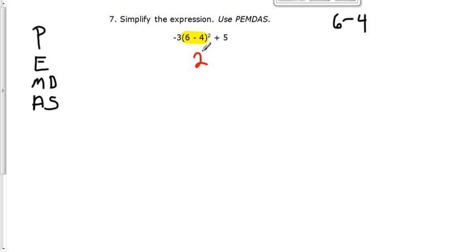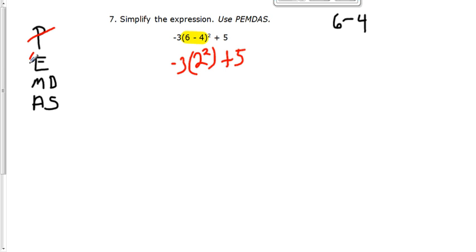The exponent's on the outside. So I'm going to find the exponent of this first. And then I have my negative 3. And then my plus 5. Bring everything else down the way it is. Now the reason why I want to put the exponent on the 2 first: we've done the parentheses.